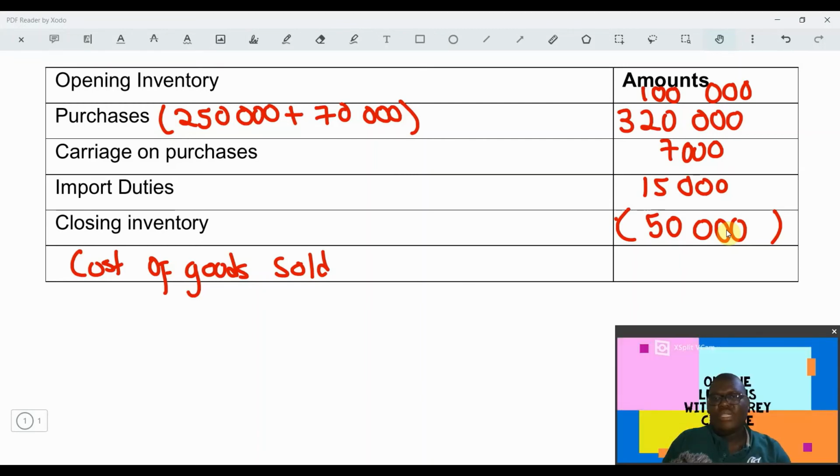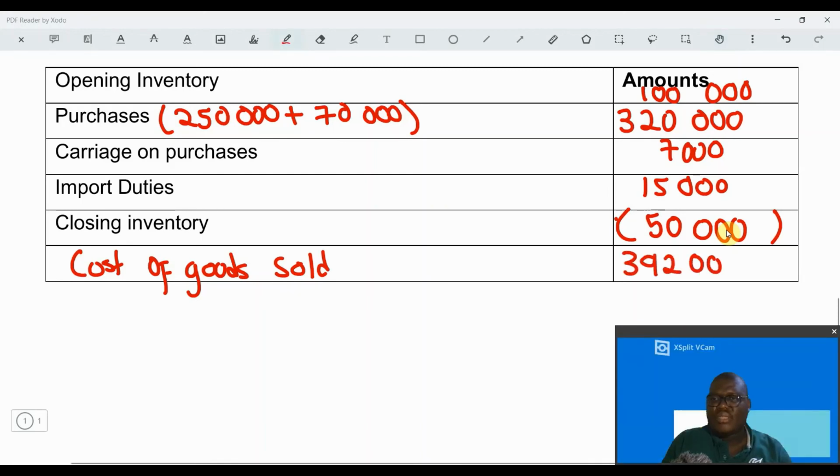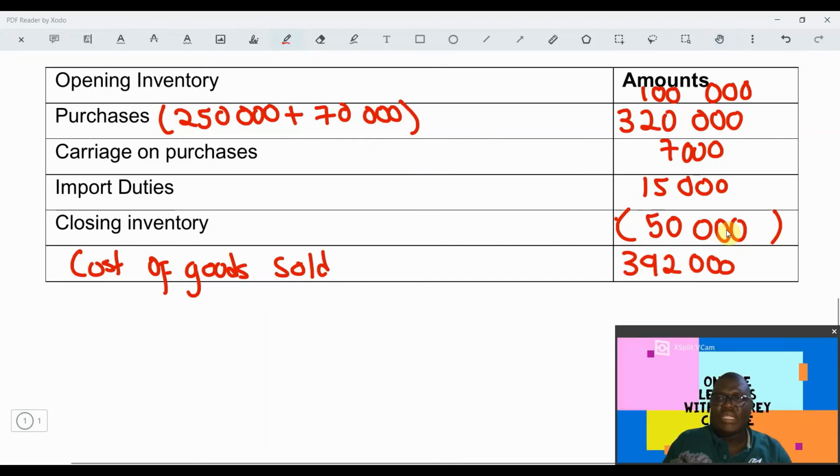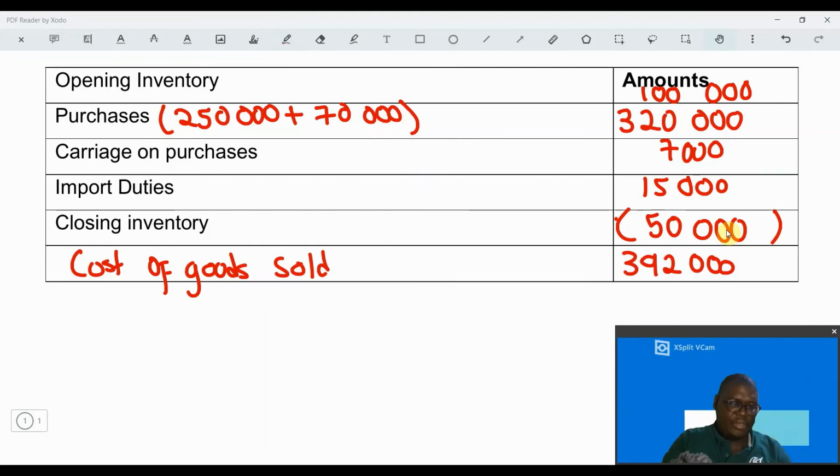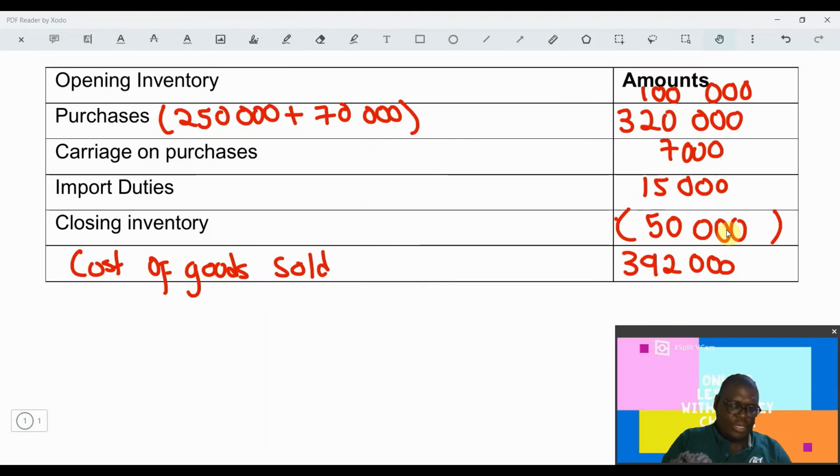According to my calculations, our cost of sales is going to be 392,000. I'm going to do some confirmation just to check if what I've written is right. So 100,000 plus 320,000 plus 7,000 plus 15,000, and then minus 50,000.